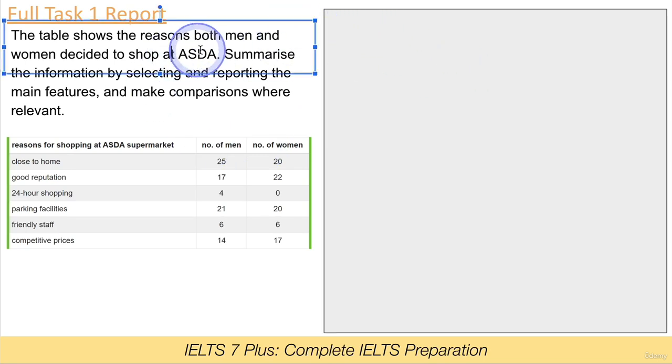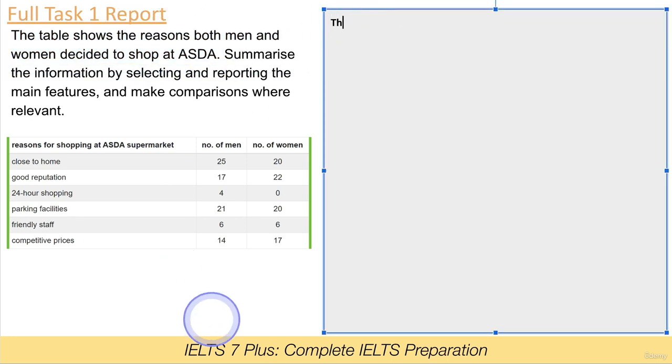Okay, what do we need to do? Well, of course, we need to paraphrase this sentence here. Okay, so the table or the data provides information on the reasons, which is hard to paraphrase.